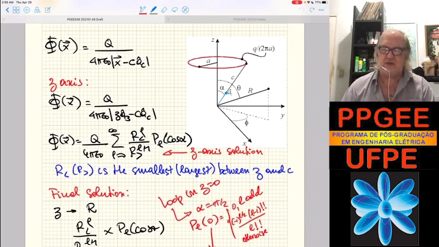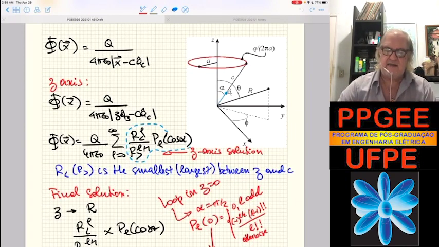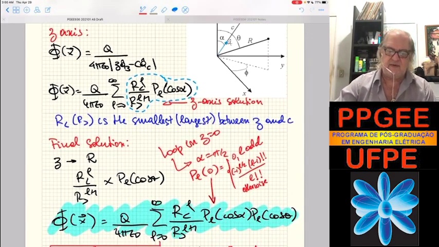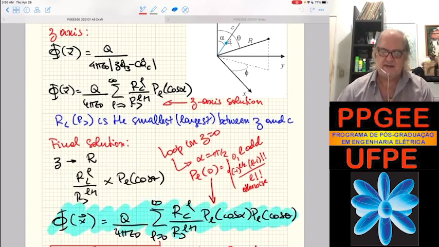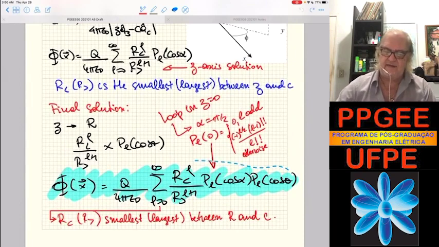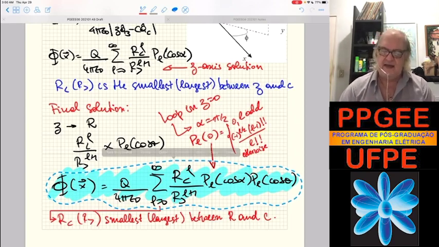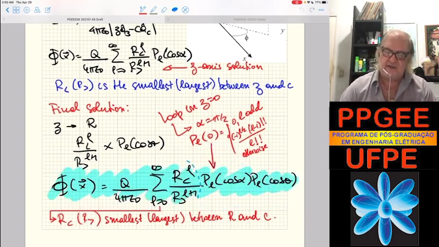To find the solution anywhere, just multiply the factor r to the Lth power by P_L cosine theta. Right? That's what you do. So that's the solution we have anywhere for a loop that's not at z equals 0, as a function of r and theta. And you always notice this thing here, okay?